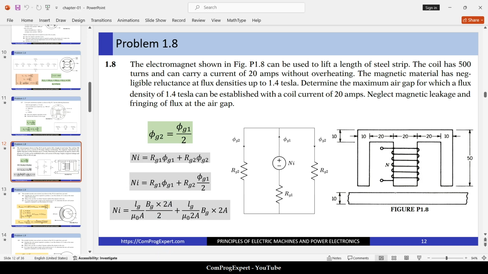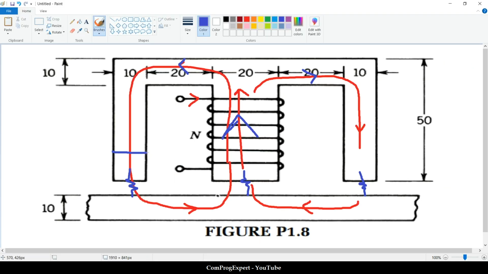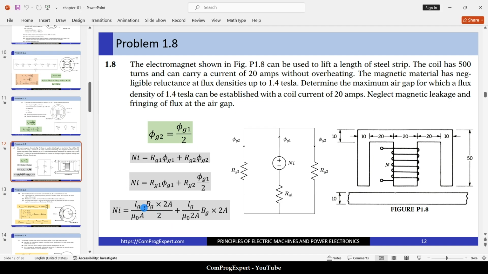What is A? A is the area of a side air gap. So the area of this cross section is 2 times A. So B gap times 2A is the total flux in the air gap 1, and this is the total flux in this air gap.